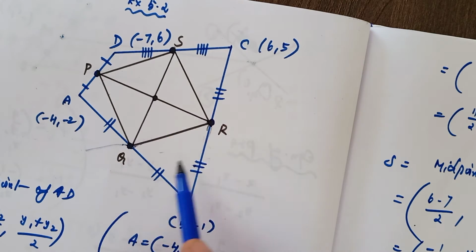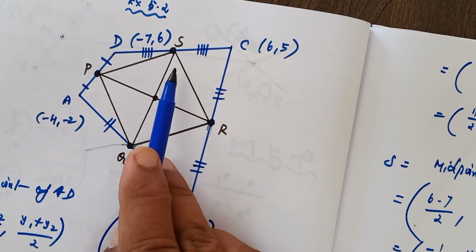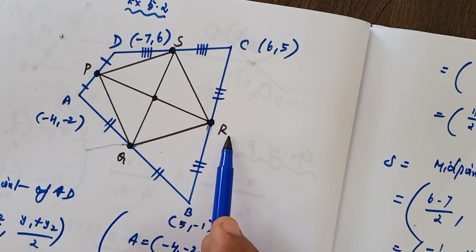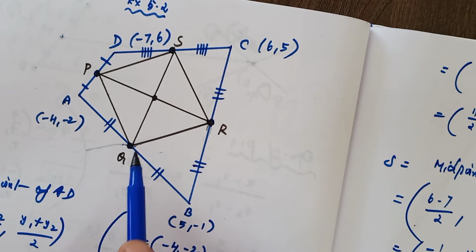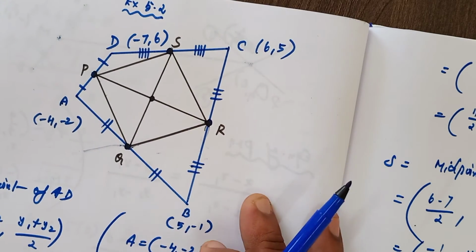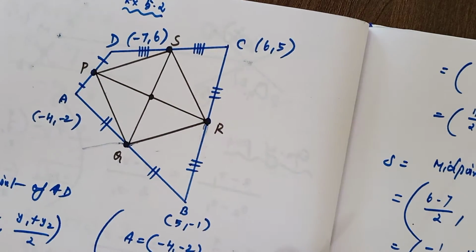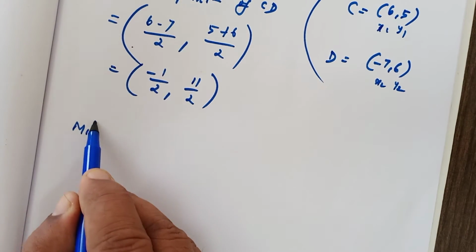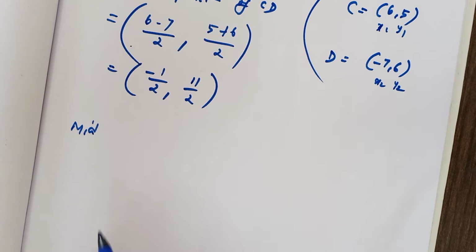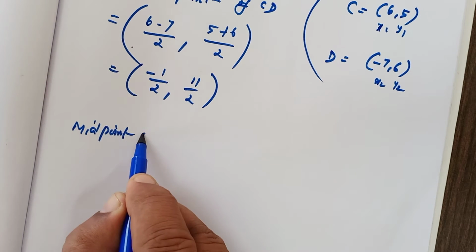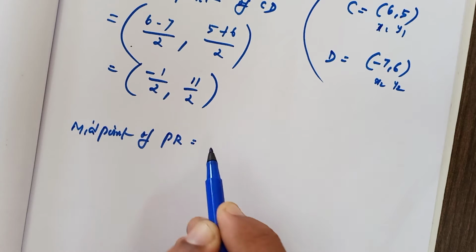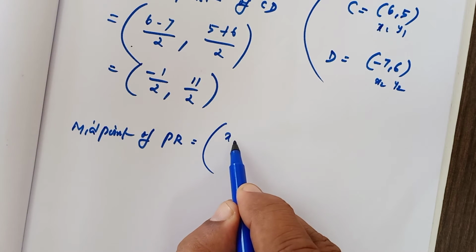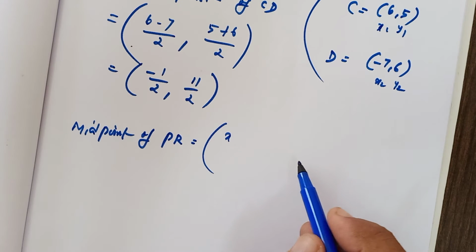Now, for proving that PQRS is a parallelogram, it is enough to prove the midpoints of the diagonals are equal. That is, midpoint of PR equals midpoint of QS. If it is, PQRS is a parallelogram. So, first we can find the midpoint of PR. Midpoint formula, you know that, x1 plus x2 by 2, comma y1 plus y2 by 2.